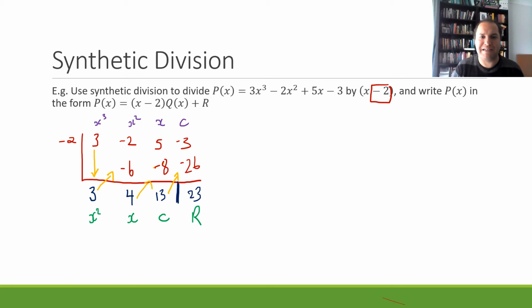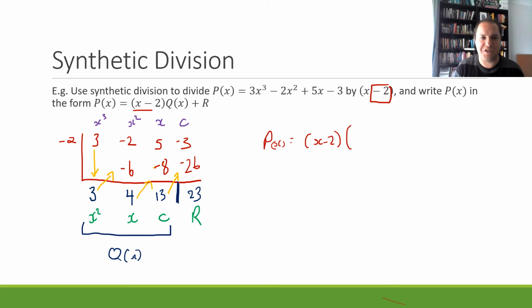So we can now write out our function where this part here is our quotient function. And so writing out our polynomial, is our divisor, which was x minus 2.